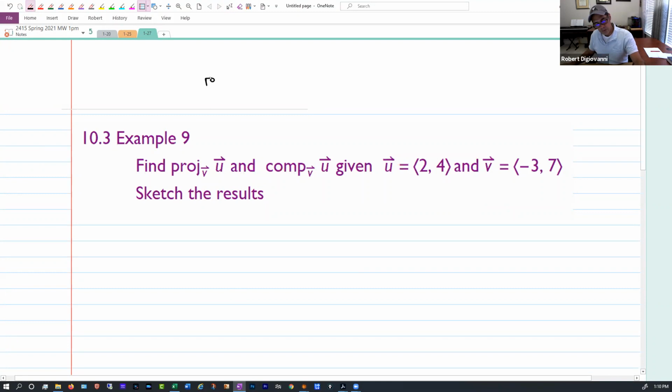Projection of u onto v should be v dot u over the magnitude of v squared times the vector v. And then component of u onto v should be what?